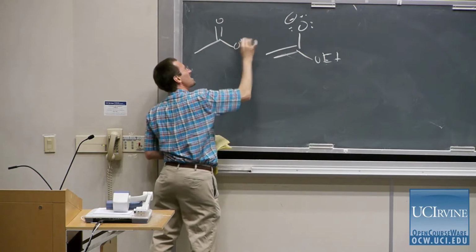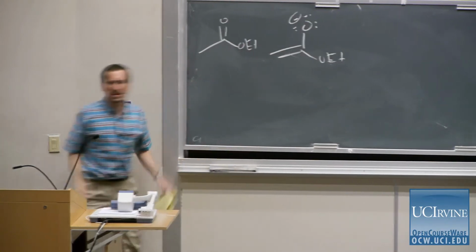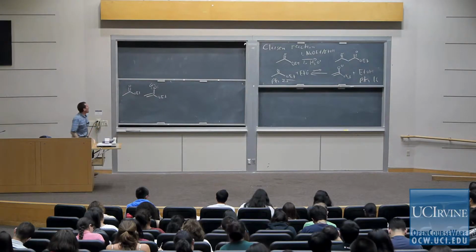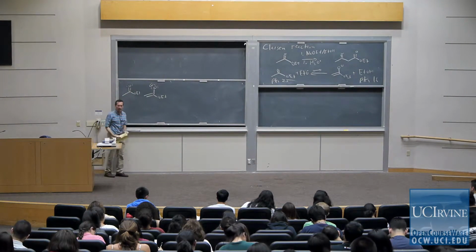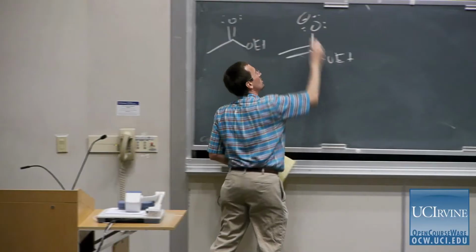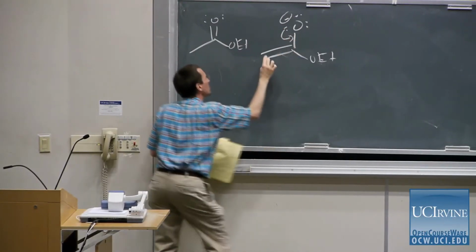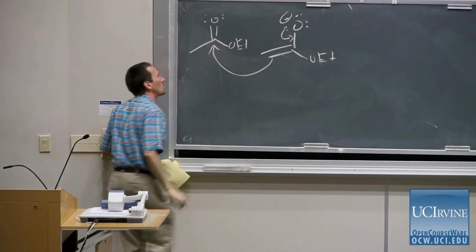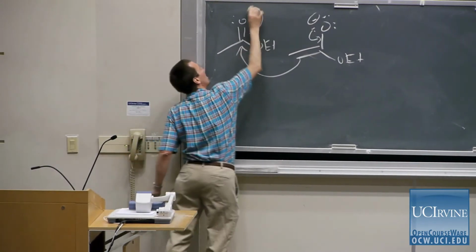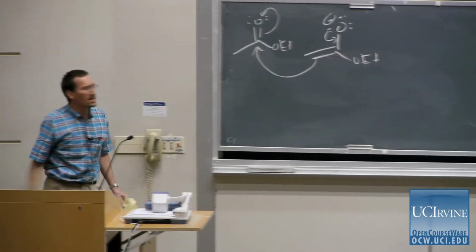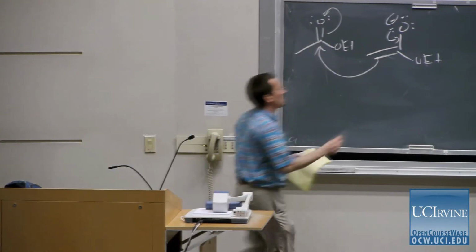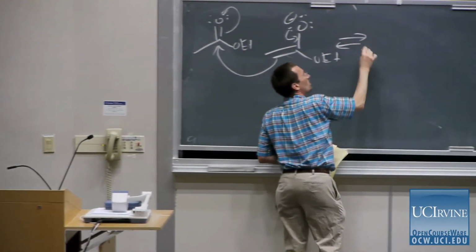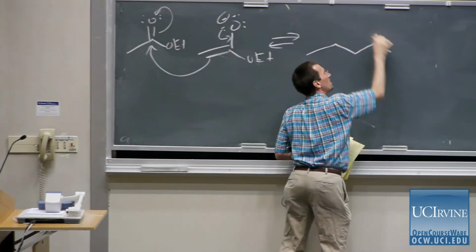Our ethyl acetate has a carbonyl in it. It's an electrophile. Electrons flow from the nucleophile to the electrophile. By now, we should be used to pushing our arrows this way. If you need a little crutch, write the other resonance structure of the enolate. Electrons flow from the enolate to the ethyl acetate to give rise to a tetrahedral intermediate.